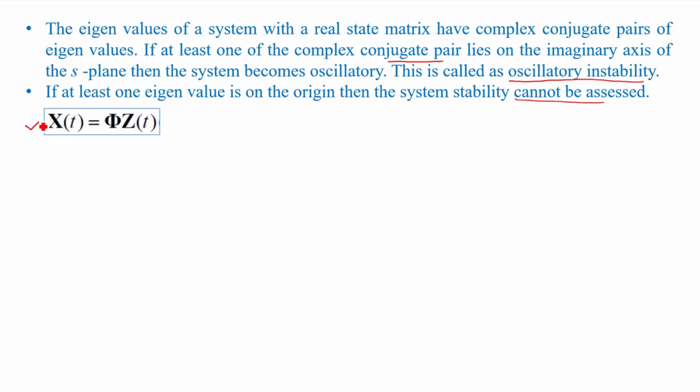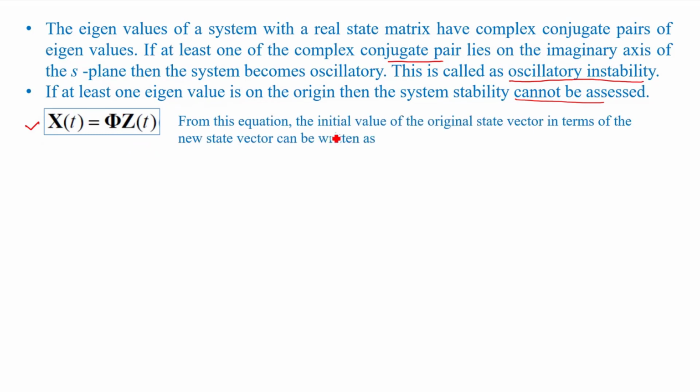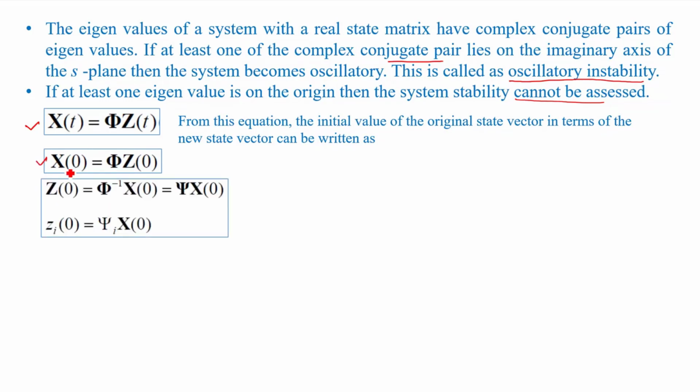And we know this equation x(t) equal to phi z(t). From this equation, the initial value of the original state vector can be written in terms of the new state vector. Then, by taking the inverse of phi, we get Z(0) in terms of the initial value of the state vector, that is psi of x(0).